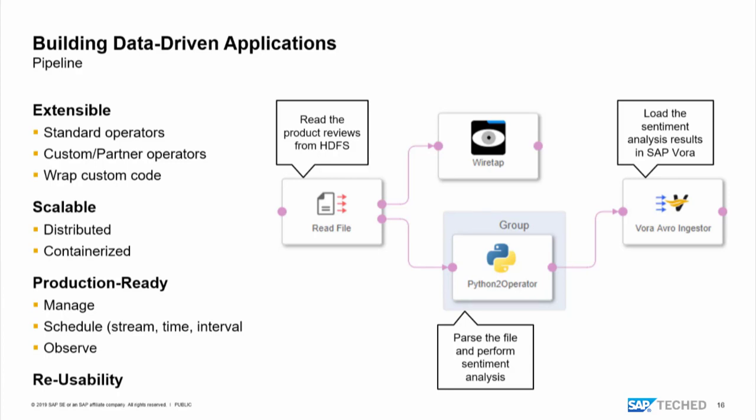Those little boxes, those operators, can be extended, so you could write your own image, which is then represented and reusable. All of that has a life cycle. It has versioning, it can be transported, but not in the SAP way, more like an export-import type of thing, but it has a life cycle where you can manage all of that.